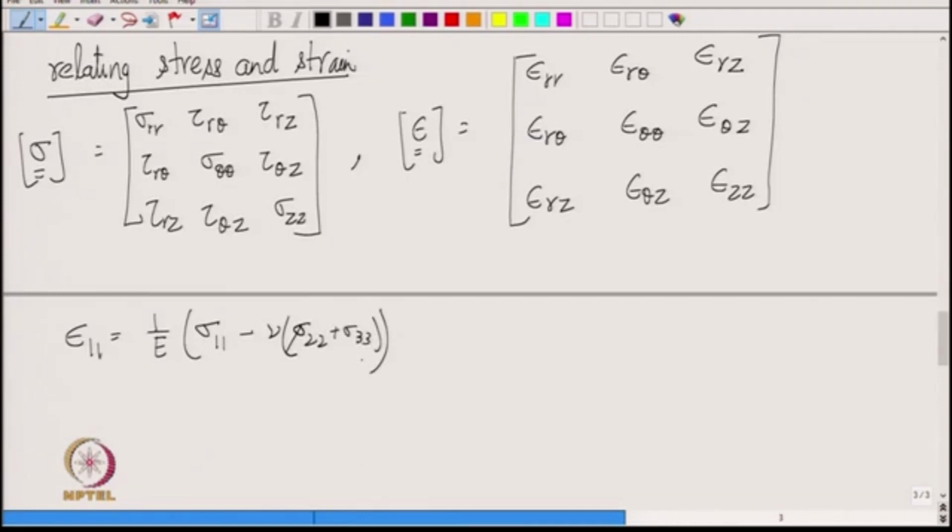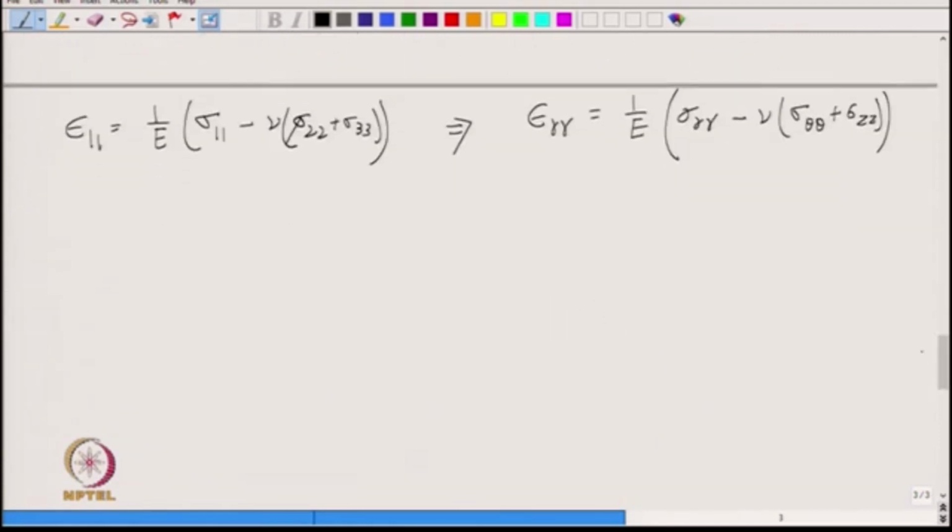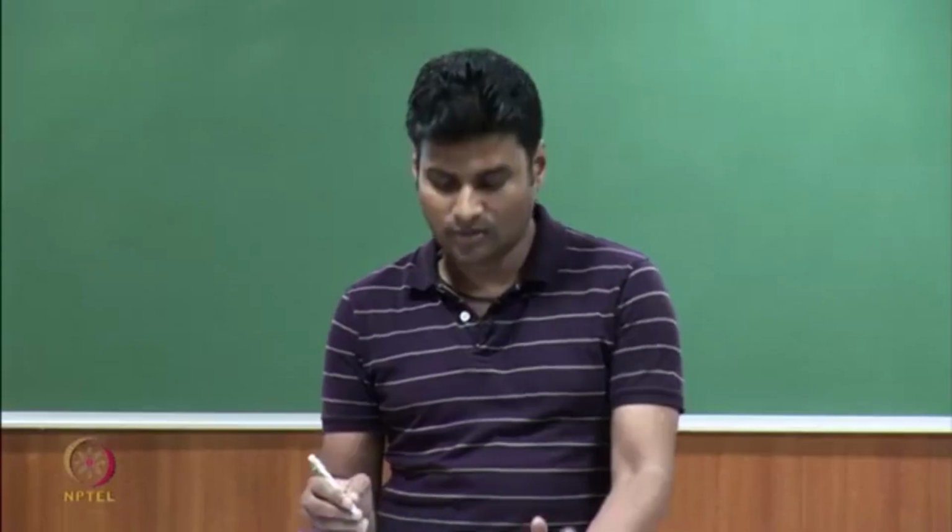And since the relationship has to be identical, this implies epsilon r r is 1 over E times sigma r r minus nu times sigma theta theta plus sigma z z, because the form of relationship has to be identical for isotropic bodies.